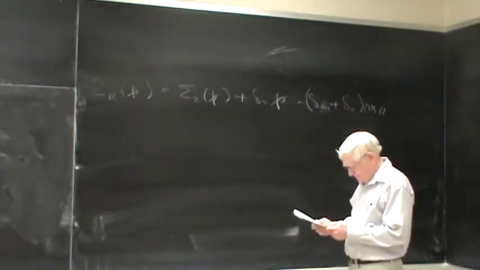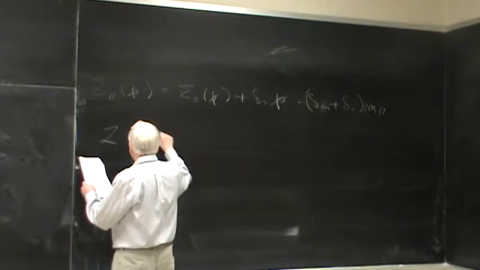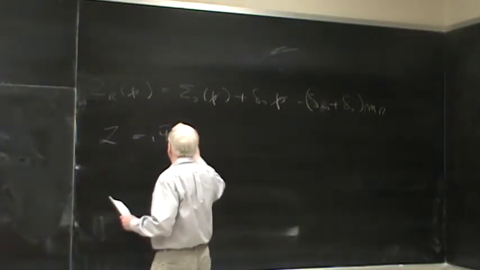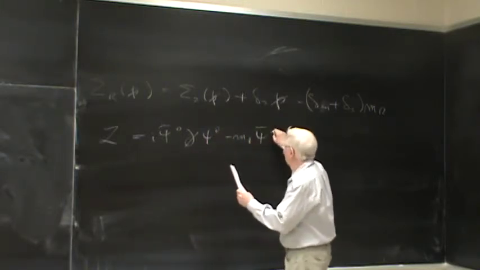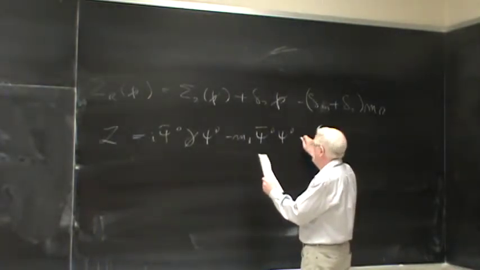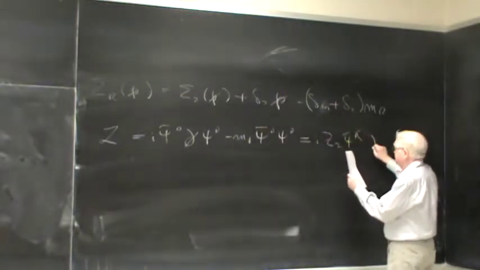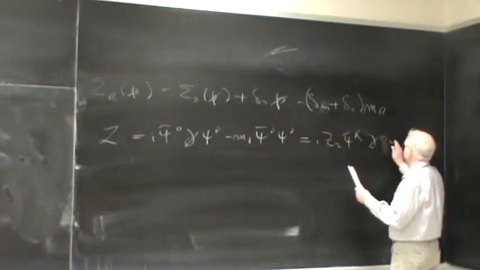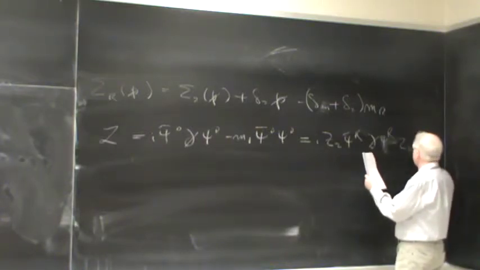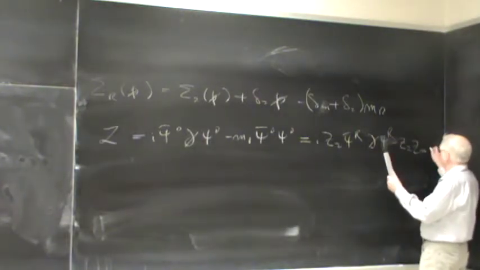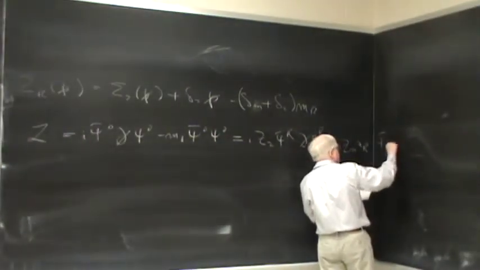What some people do is write the action density as i psi bar bare D slash psi 0 minus M0 psi bar bare psi 0, and then rewrite it as i Z2 psi bar renormalized D slash psi renormalized minus Z2 Zm M renormalized psi bar renormalized psi renormalized.